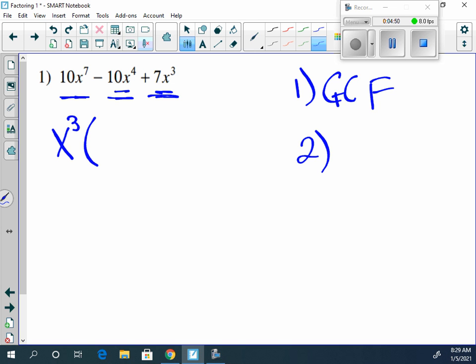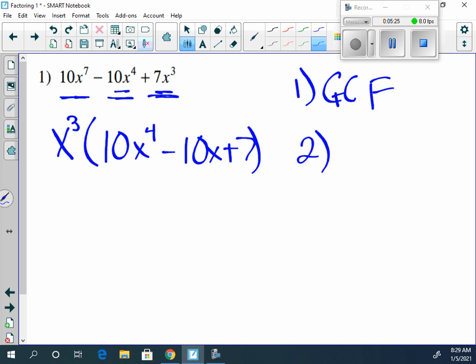So 10x to the 7th, well, the 10 stays the same. But we're pulling 3 x's out of x to the 7th. So x to the 4th. We'd have 10, because again, we didn't factor any numbers out. X. Because now we need to see if this would work out from here, but this is it.